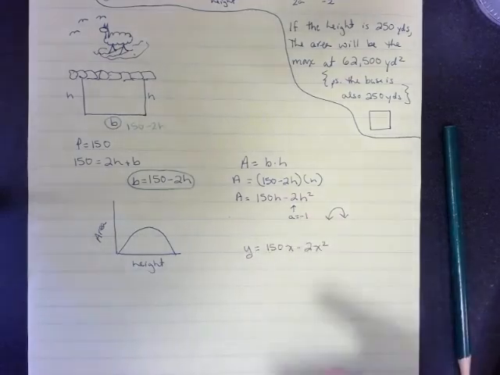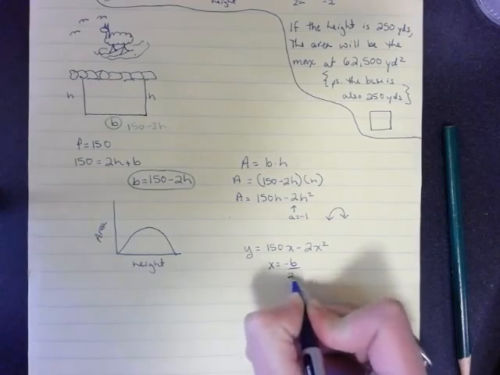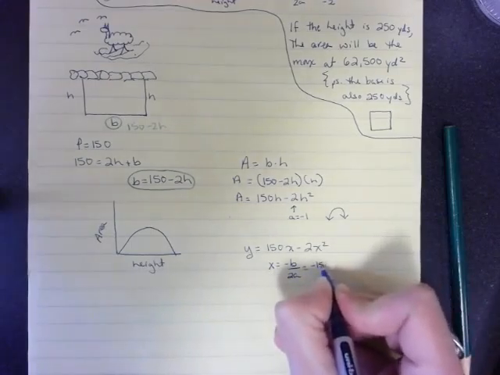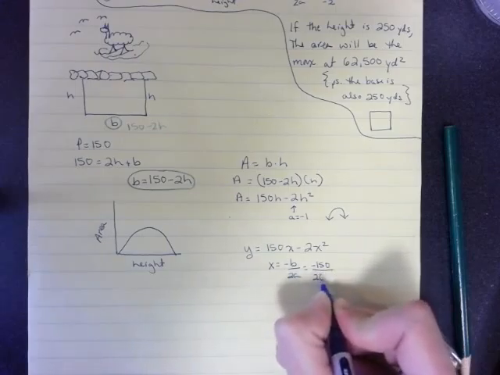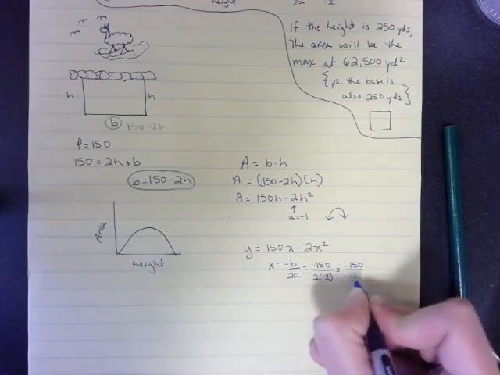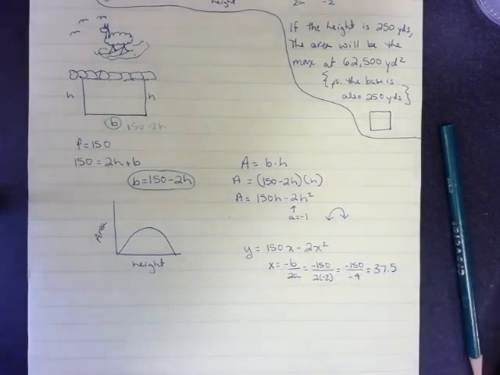So again, I'm going to go through and find the vertex. The vertex is x equals negative b over 2a. So that comes out to be negative 150 over 2 times negative 2, which equals negative 150 over negative 4, which equals positive 37.5.